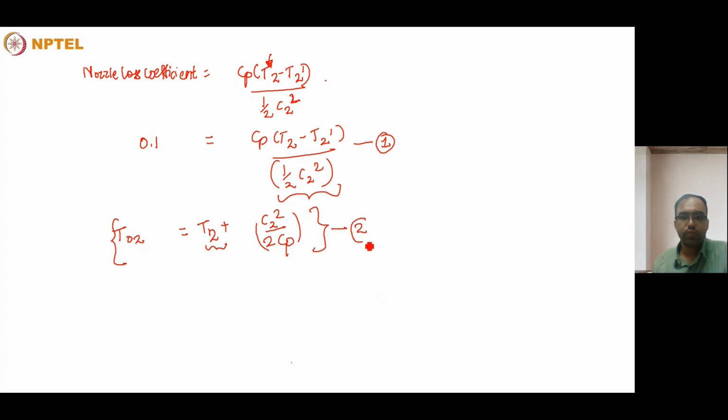That is from the equation of the stagnation temperature. So substituting C2 squared divided by 2 Cp using T02, we can get 2 in 1.